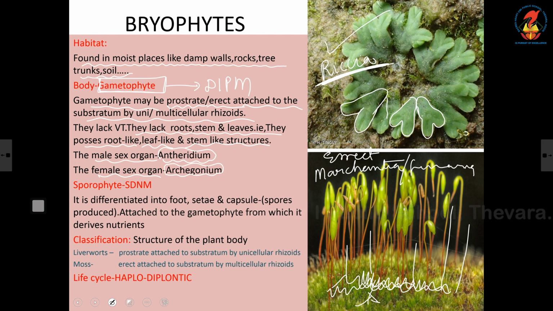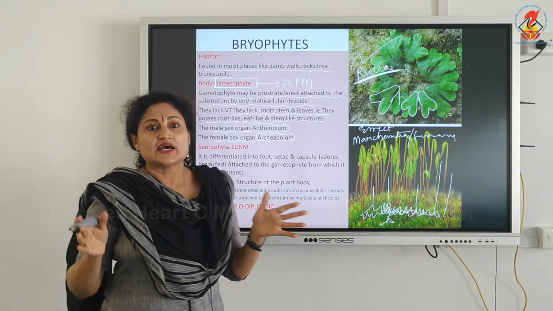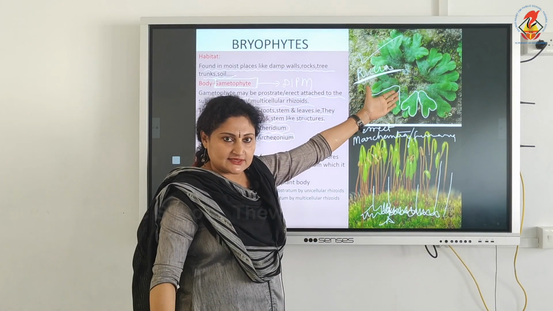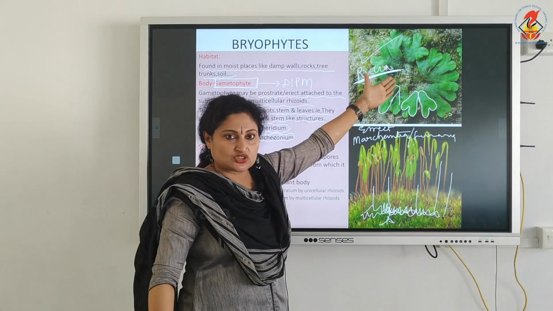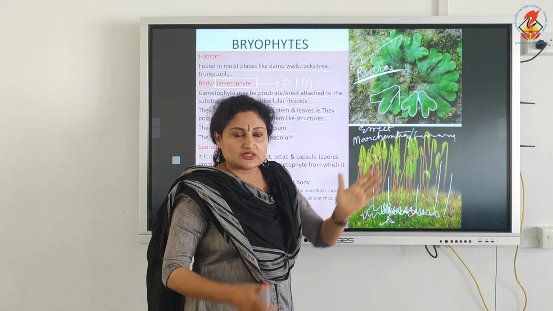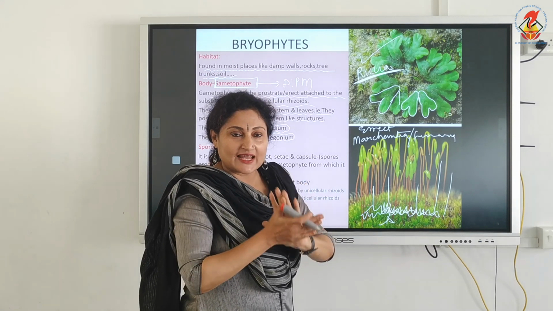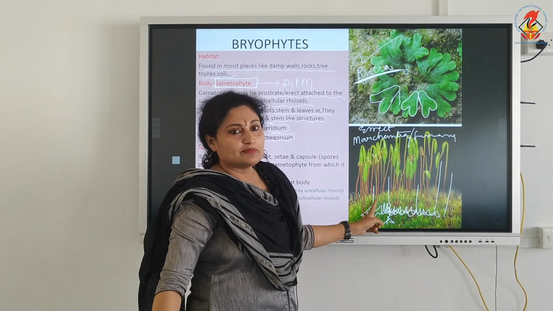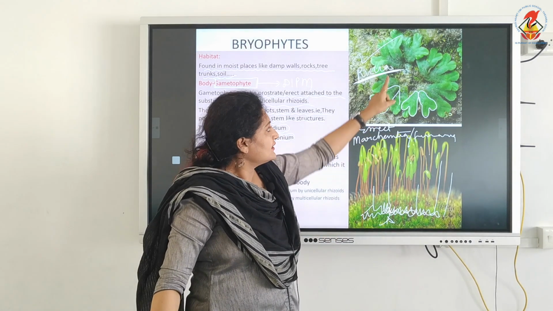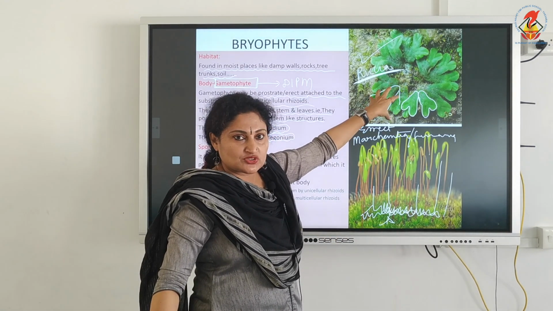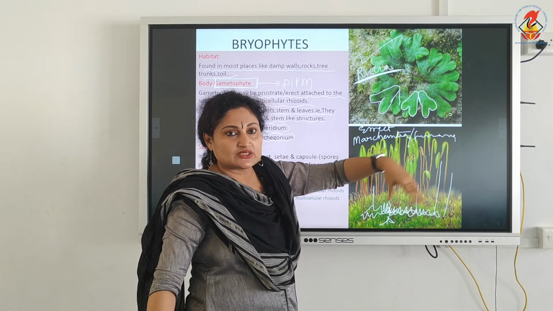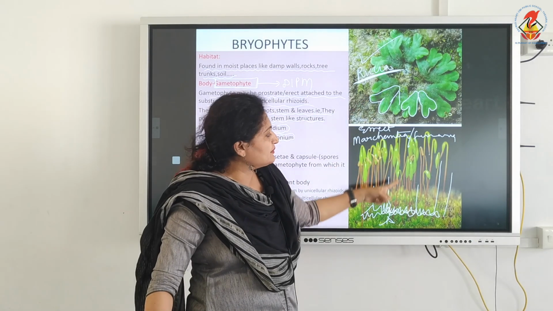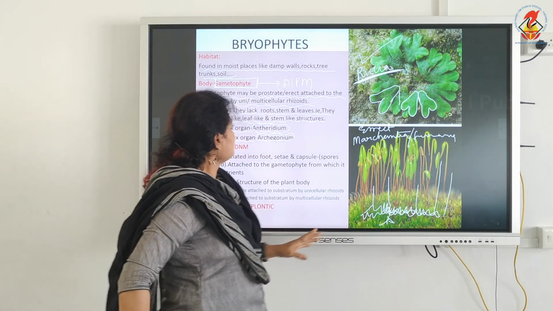So once again, the gametophyte, which represents the real plant body, can be like this or like this. What is this? Prostrate. What is the meaning of prostrate? Dorsoventrally thalloid, appressed to the wall or rock or substratum, or it can be erect. Whether prostrate or erect, it is attached to the substratum with the help of rhizoids, which can be unicellular or multicellular.